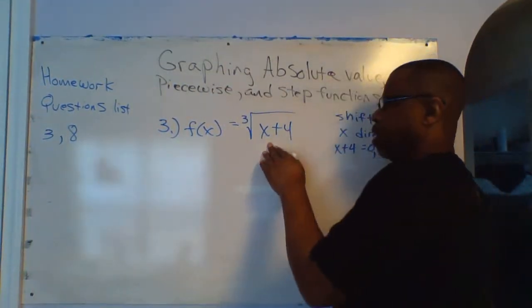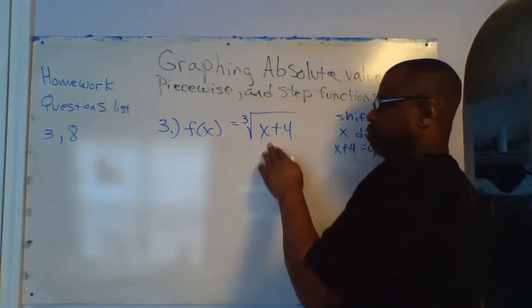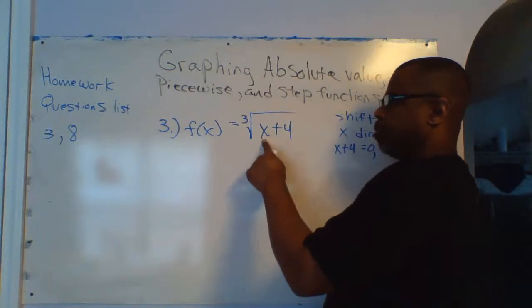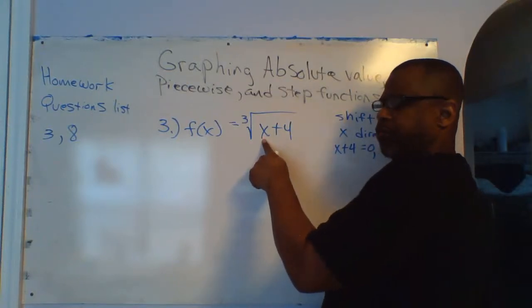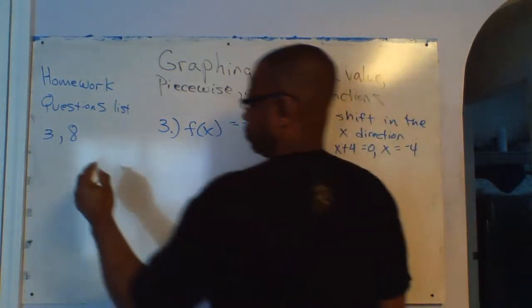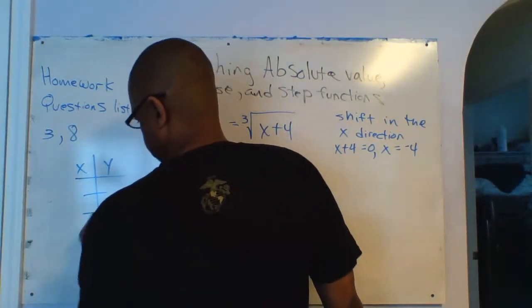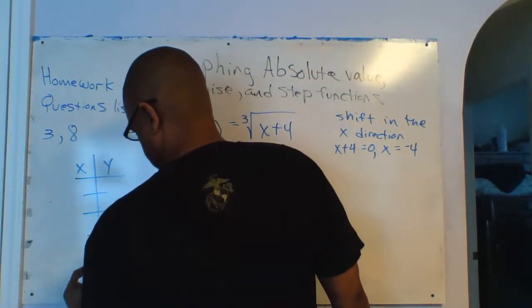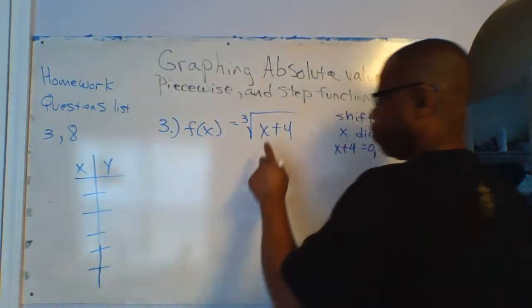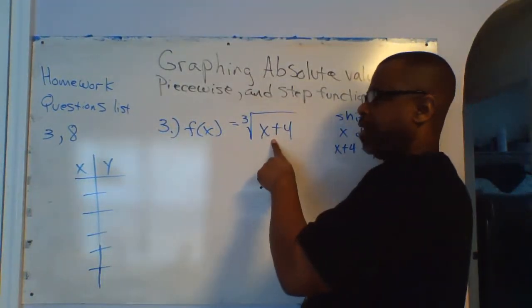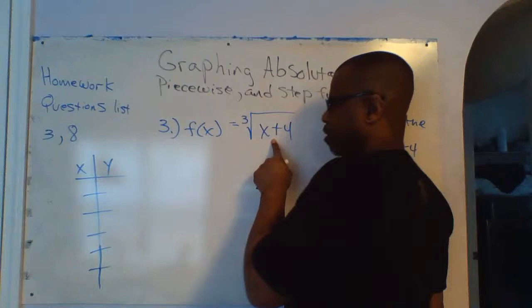You want to ask, what value can I plug in here to make my cube root a whole number? So we're going to come over here and figure out what we can do to make this a perfect cube root.